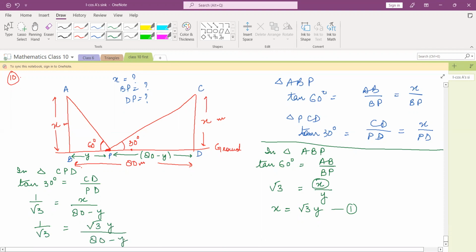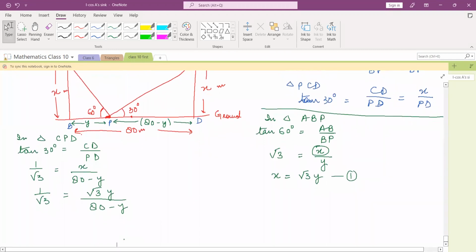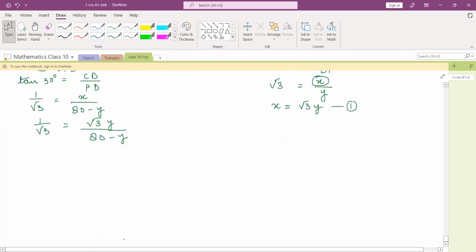So you can see now only one variable is there. So I can solve it for y. I have one equation and one variable. So cross multiply. 80 minus y will be root 3 into root 3y, so this becomes 3y.